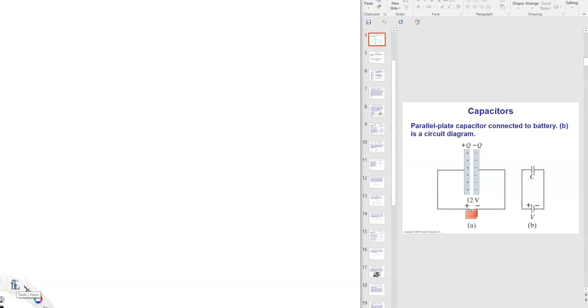Okay, let's continue with our capacitor discussion. Now you guys know that capacitors are electrical charge storage devices with so many other applications. We will eventually talk about these applications.